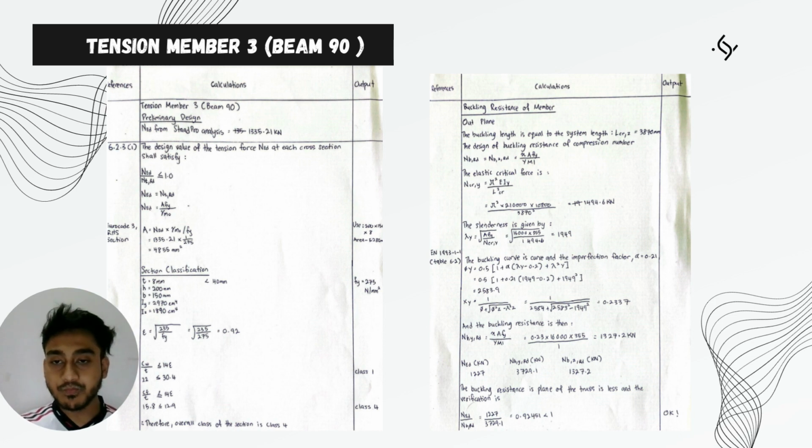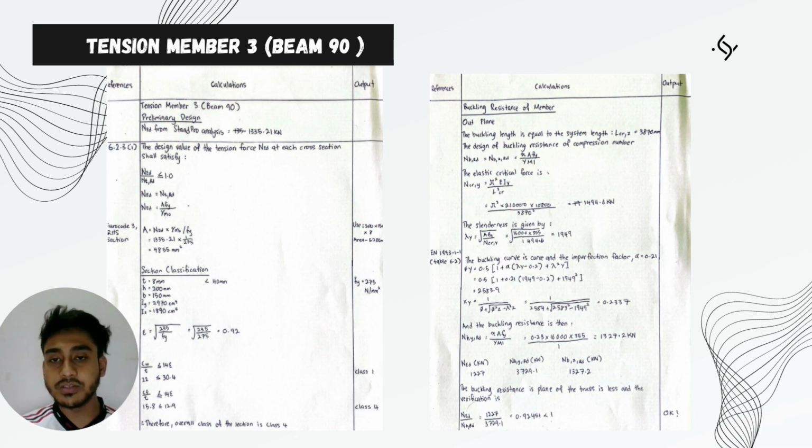Then we get from the Eurocode 3 RHS section. So we get the area is 4855 millimeter square. From that, I will use 200 times 150 times 8, for which we take the area 5280 millimeter square.